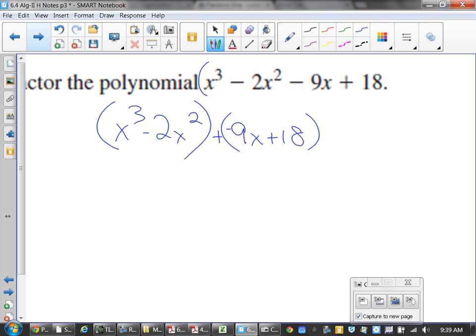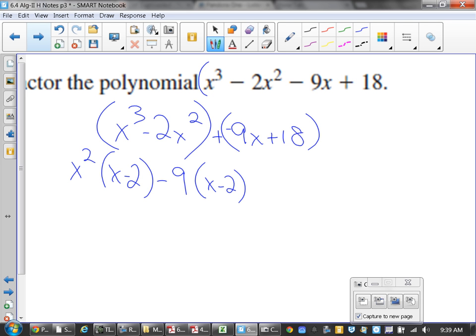Very good. So I factor out the x squared, and I'm left with x minus 2. In that secondary group, I had a negative 9x plus 18. Remember what my rule was for when you had a negative for that first value? Take it out. Well, I'm going to take out the negative 9, and then what am I left with? x minus 2.